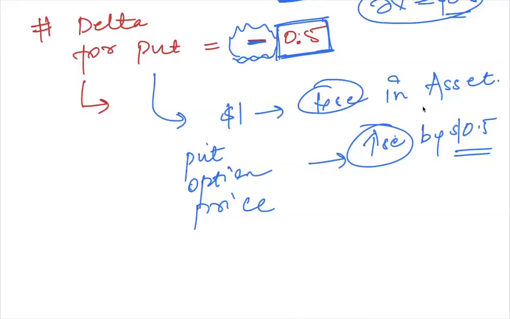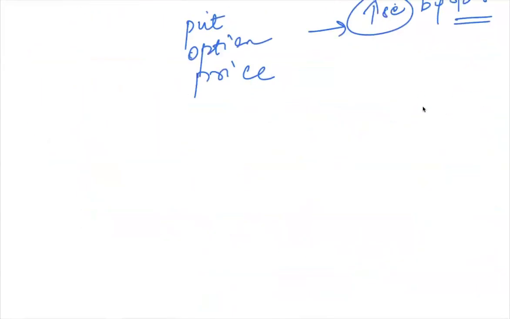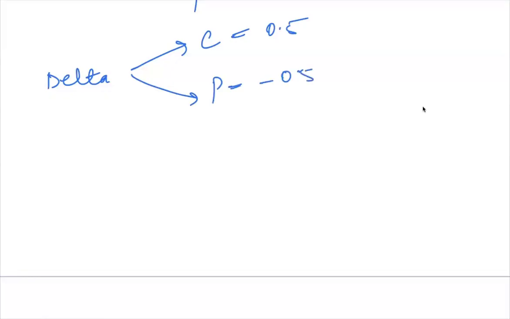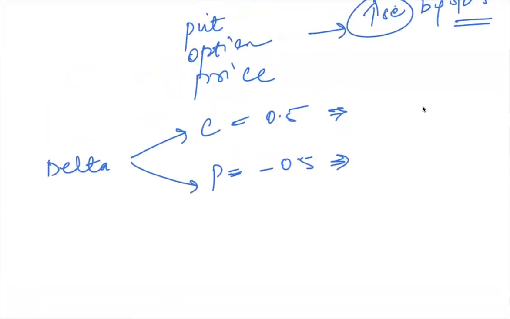Is this clear to everyone up till now, with these two examples, when I say that delta for a call option is 0.5, whereas for a put option it's negative 0.5?